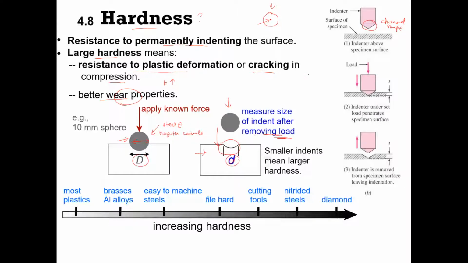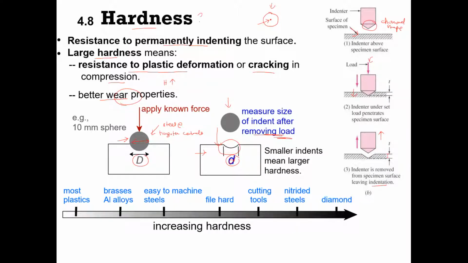Let us look at the diamond shape. First, the indenter is above the specimen surface. We apply a specific amount of load, and the indenter penetrates into the specimen surface. After we remove the load, it leaves some indentation.